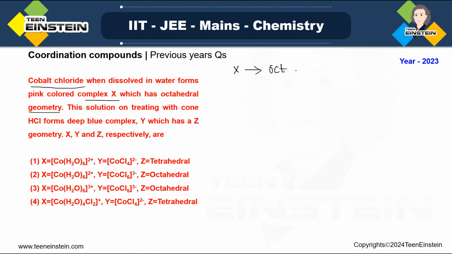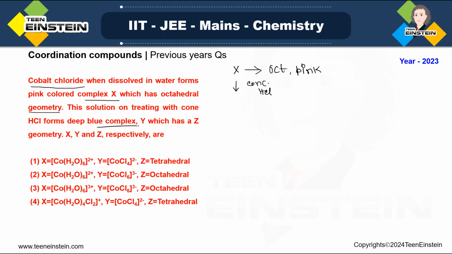So X is octahedral and it is pink. If you write all the information in this way, every piece of information you can see all together.